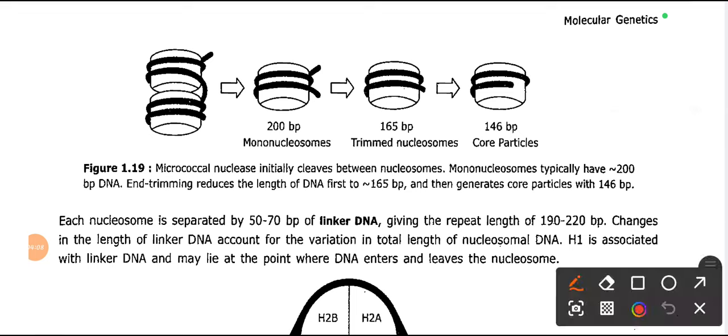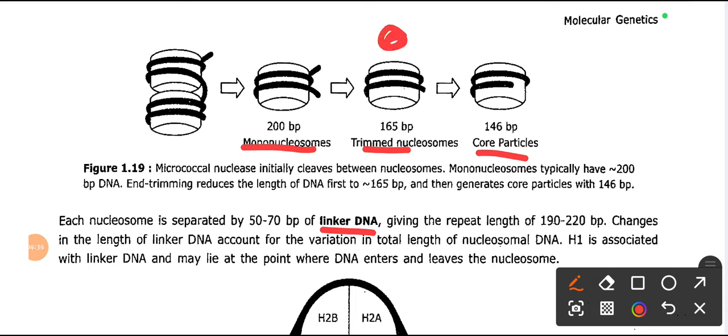You can see in this picture a mononucleosome with DNA wrapping around it. When it is trimmed with micrococcal nuclease, the length is initially 165 base pair, and then it generates the core particle with 146 base pair. Each nucleosome is separated by 50 to 70 base pair of linker DNA.